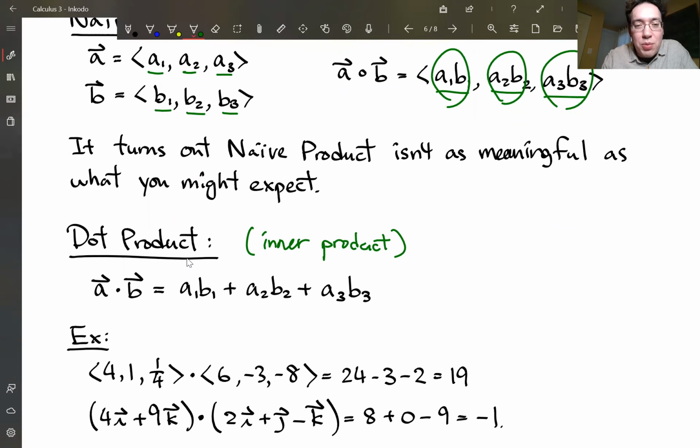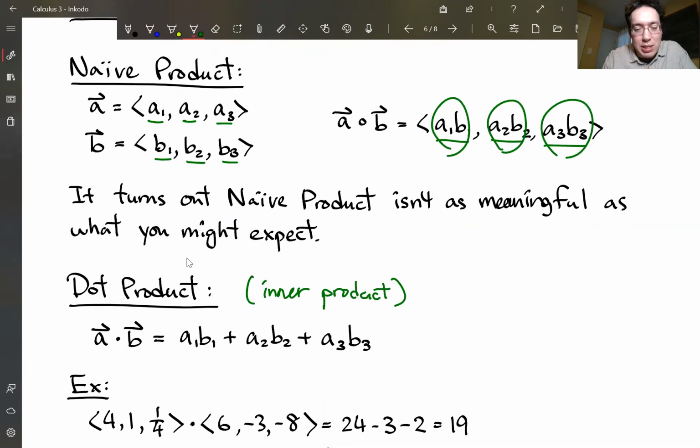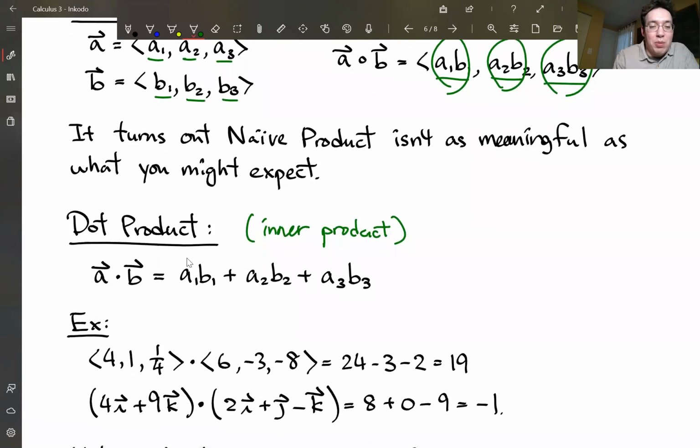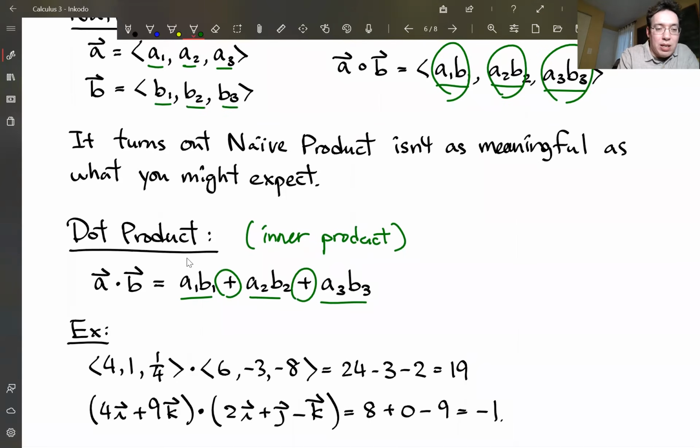It's not too far away from component-wise multiplication. What you do is you multiply the components together and then add them afterwards. So what you get when you compute a dot product is not another vector. You just get a number. It's a scalar in the end. So this is what dot product is.